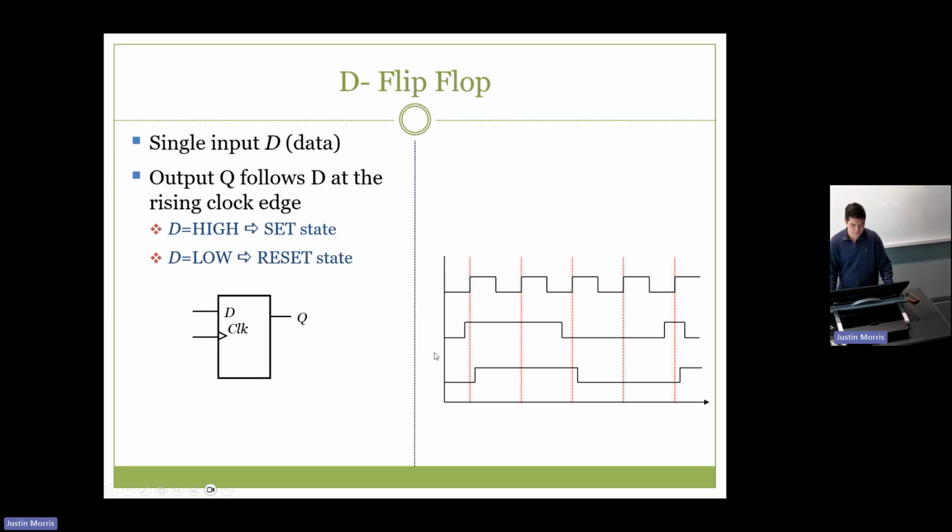We have the D flip-flop, right? It has a single input D, and the output Q follows D at the rising clock edge, and it stays for that single clock cycle.